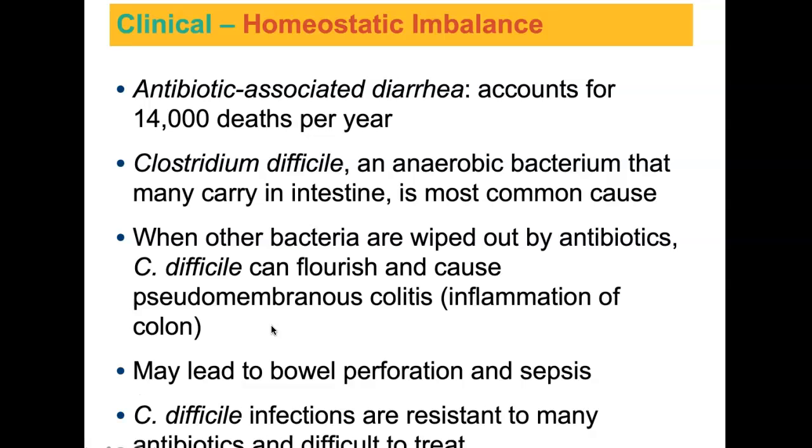So we need good bacteria in our intestines, but sometimes the bacteria mutate. So there are some bacteria that are resistant to antibiotics that we have. C. diff is one of those. It's a bacteria that can survive antibiotic treatment. It can flourish. It can cause inflammation in the colon. It can lead to perforation in the bowel. It can cause sepsis because it can then be in the peritoneal cavity and spread to other organs. So we do have to be careful.